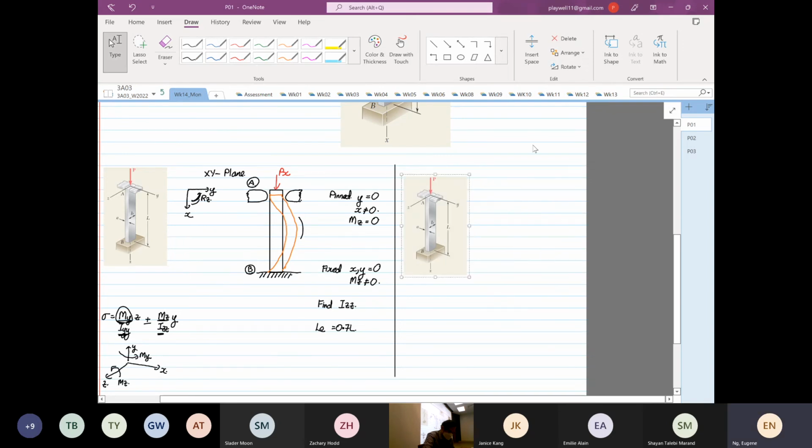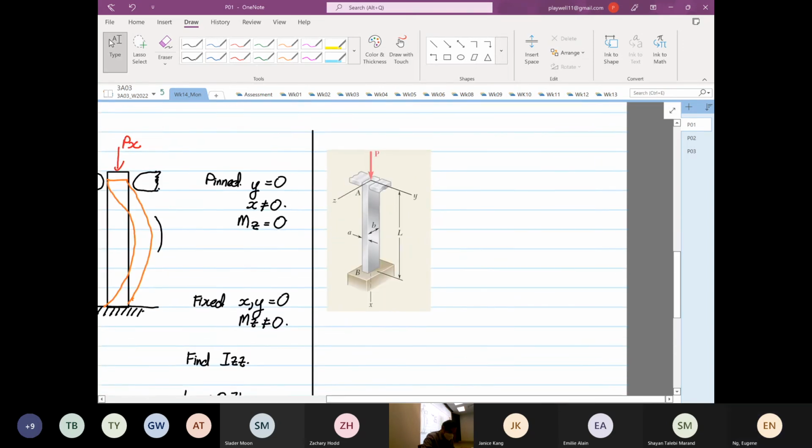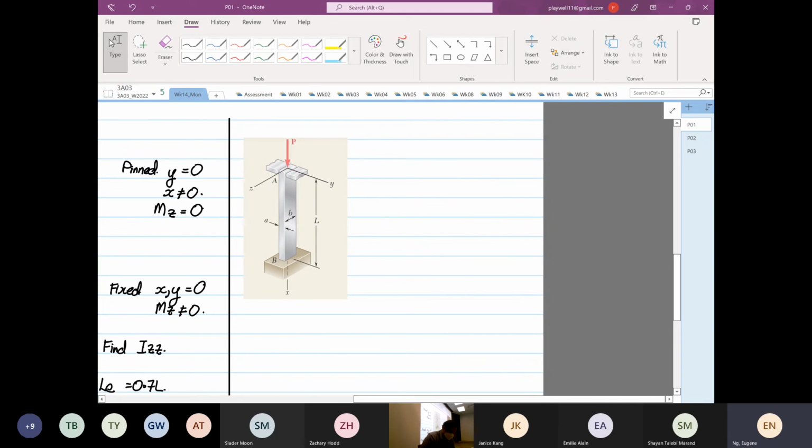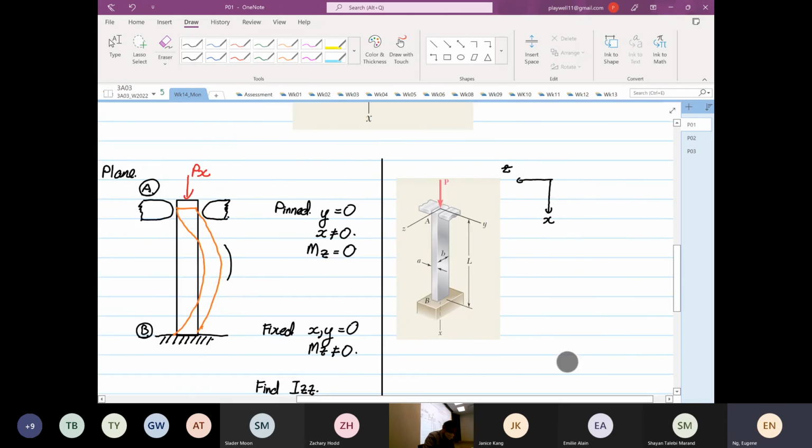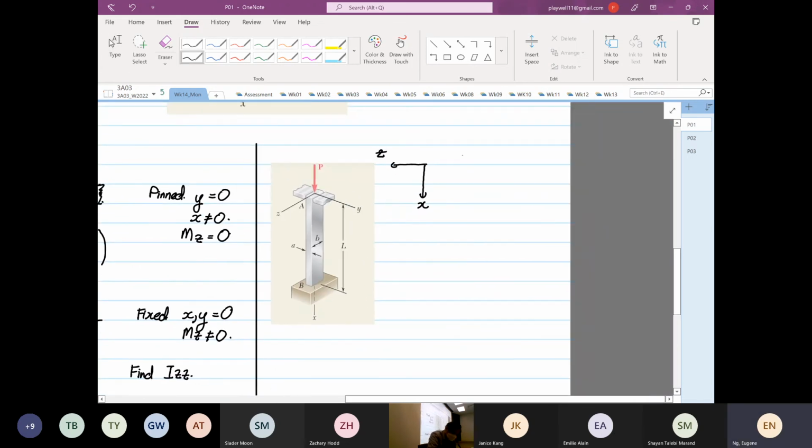We are going to look at the structure now in the ZX plane. So now this is our Z, and this is our X. So we are going to build this on the X, Z plane.